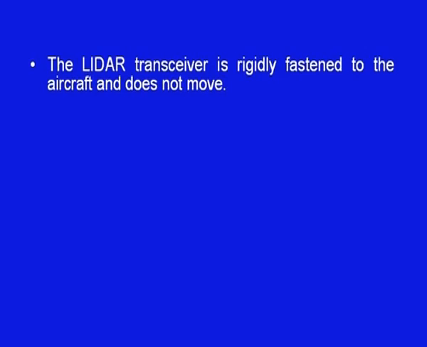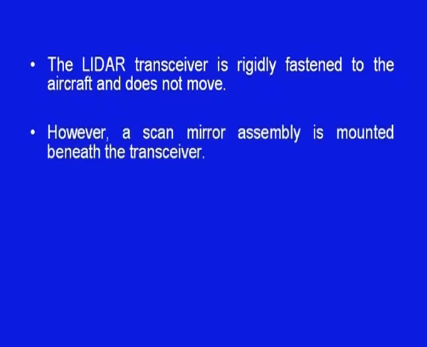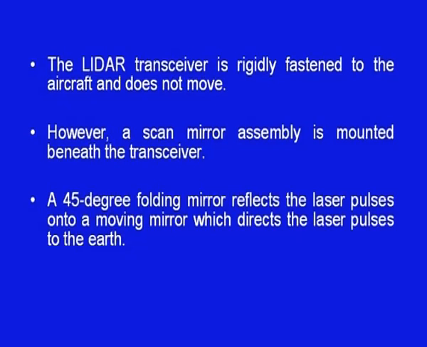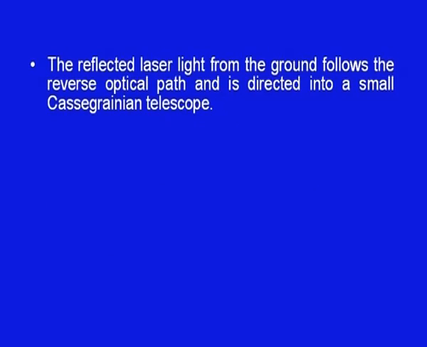The LIDAR transceiver is rigidly fastened to the aircraft and does not move. However, a scan mirror assembly is mounted below the transceiver. A 45-degree folding mirror reflects the laser pulses onto a moving mirror which directs the laser pulses to the earth. The reflected laser path from the ground follows the reverse optical path and is directed into a small Cassegrain telescope.